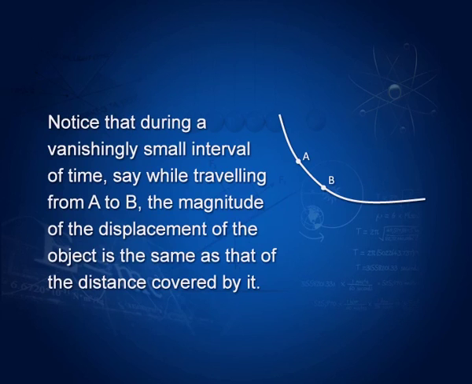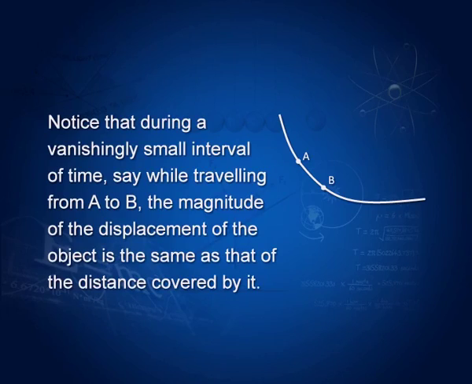Then the displacement between A and B would be equal to the length AB, or the distance between A and B. That means that at a given point, the instantaneous speed is equal to the magnitude of the instantaneous velocity at that time.